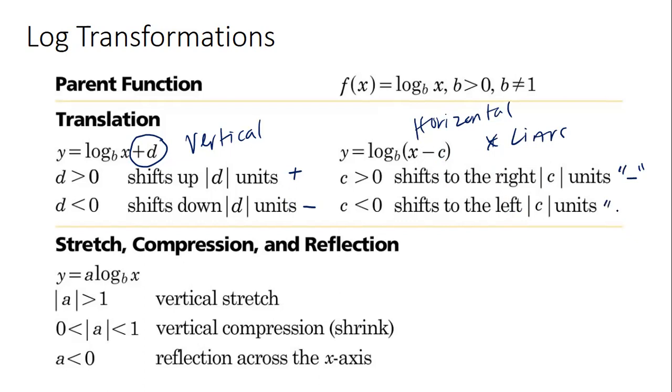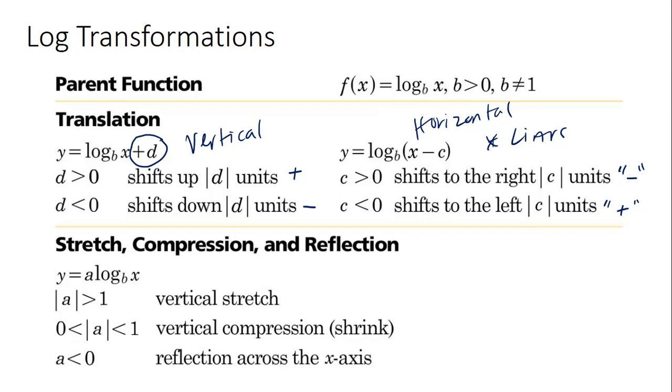If it looks like I'm adding, I'm actually going to the left. Because it's going to look like it, but it doesn't actually mean that it's minus. So this is x minus a positive. So you're focused on the fact that c is actually a positive. So you're going to the right.